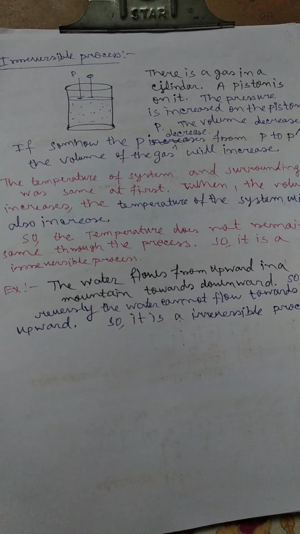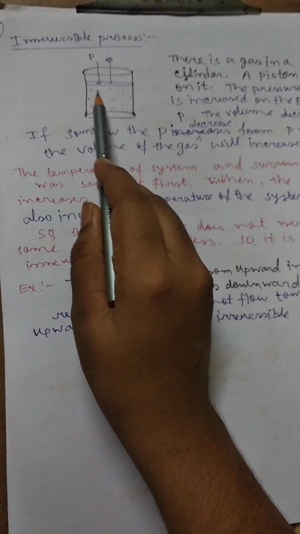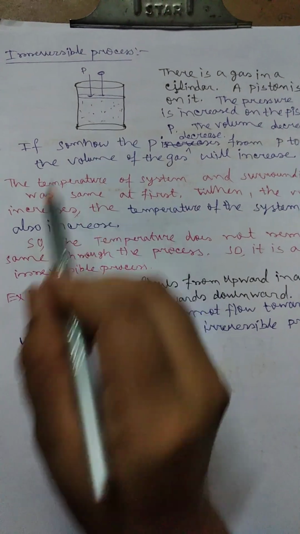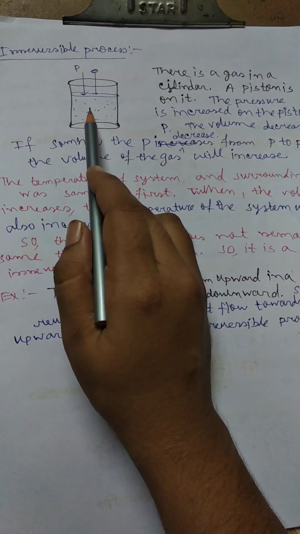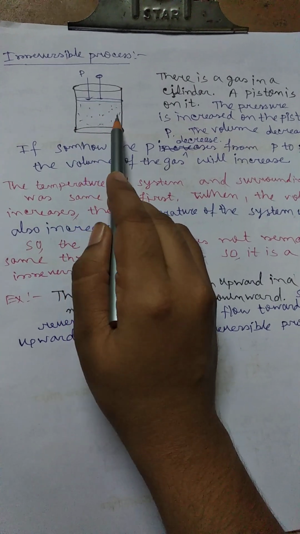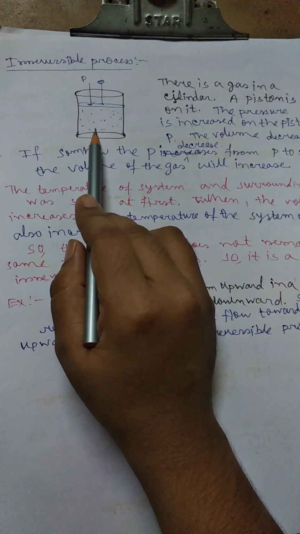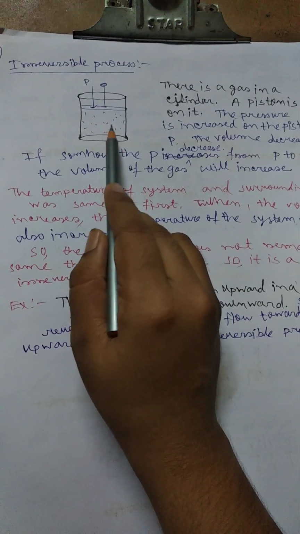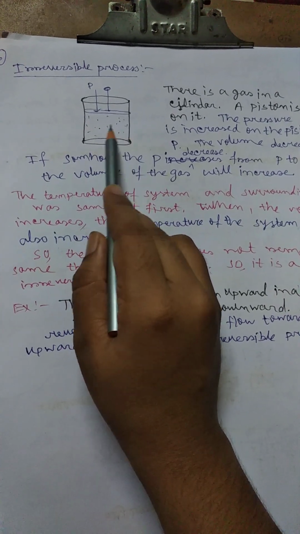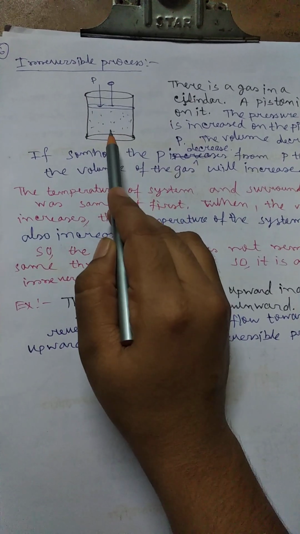Why is the temperature increasing? I have taken some amount of gas in the cylinder, and here there are the molecules, the particles of the gas. If I increase the pressure, they will go randomly here and there in the cylinder.